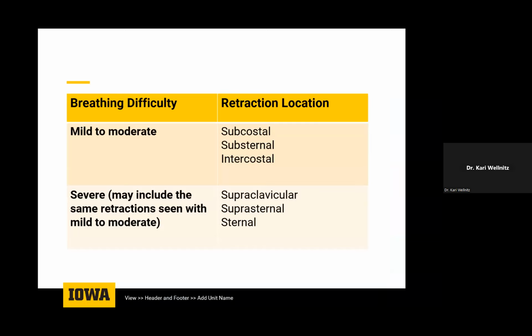Where you're seeing the retractions can also correlate to the level of difficulty of breathing. With mild to moderate respiratory distress, it's common to see substernal, intercostal, and subcostal retractions, whereas as the child's respiratory distress advances to severe, you might see supraclavicular, suprasternal, and those sternal retractions that we talked about.